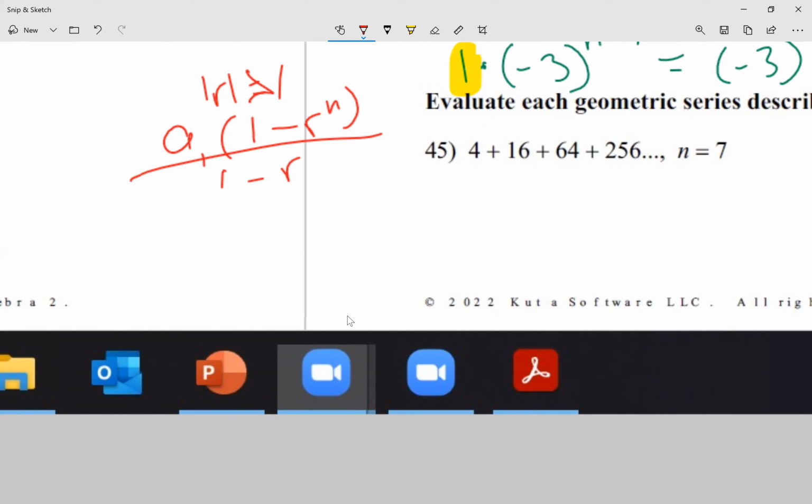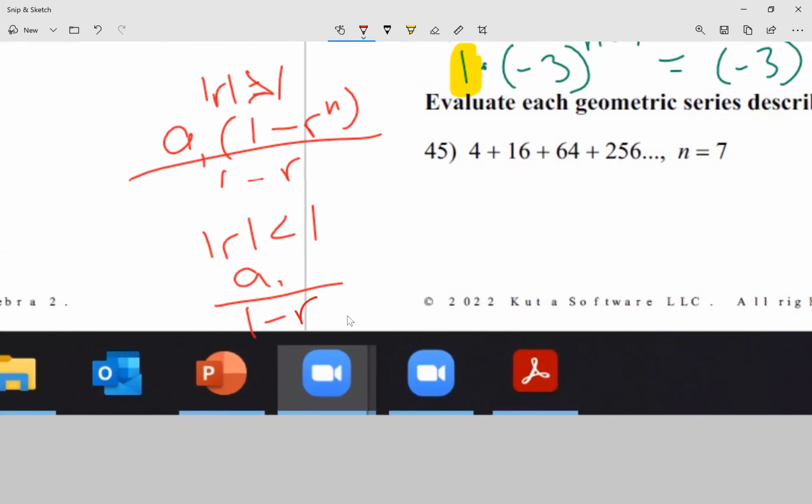Now, when the absolute value of my ratio is less than 1, the formula that I use is a, the first number, over 1 minus r. I'm gonna be mainly using the one for when the absolute value of my ratio is more than 1.